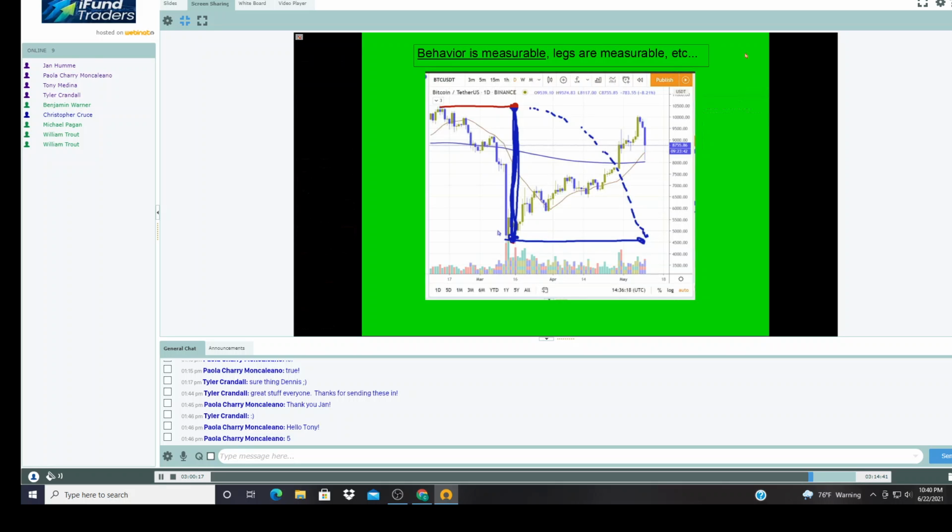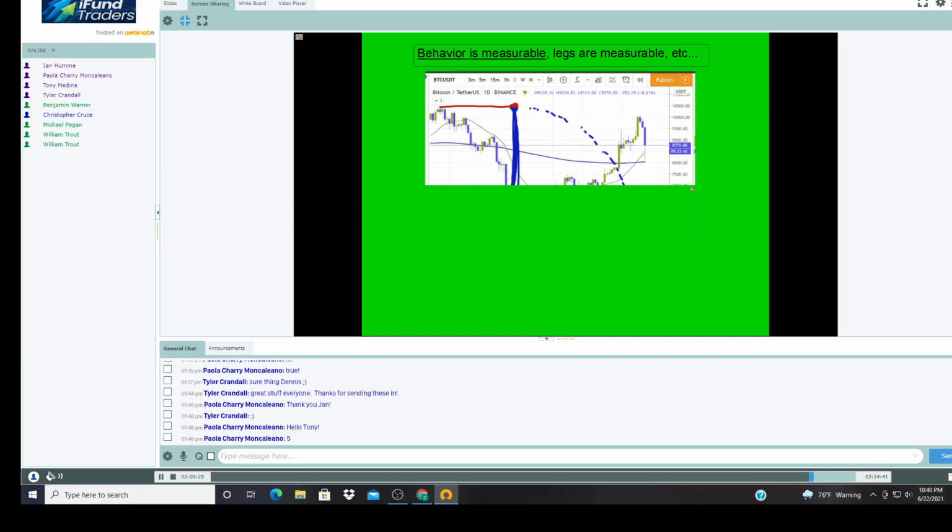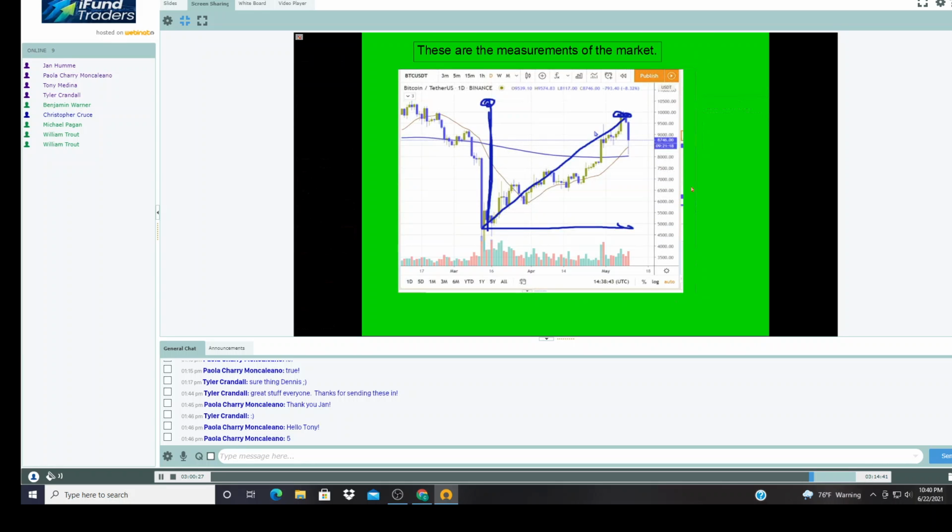Behavior is measurable. Legs are measurable. This is like a distance that you can measure. They all kind of equal, right? All this expands out, the distance. These are the measurements of the market. Multiple measurements.